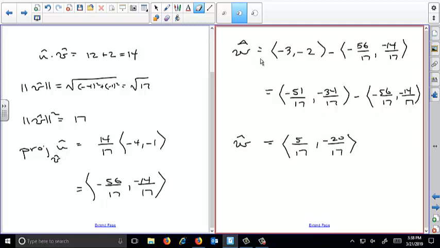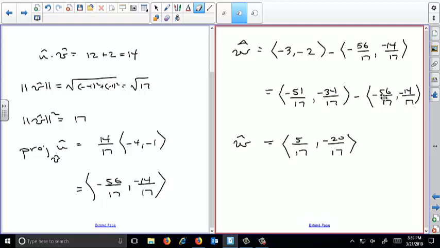So you take vector u, not vector v, but you take vector u and subtract the component of vector u in the direction of vector v. So it's -3, -2 minus this. And then I convert again these whole numbers to fractions with the same denominator as the second one. So 3 times 17 is 51. So -3 is the same as 51 over 17. And take 2 times 17, you get 34.